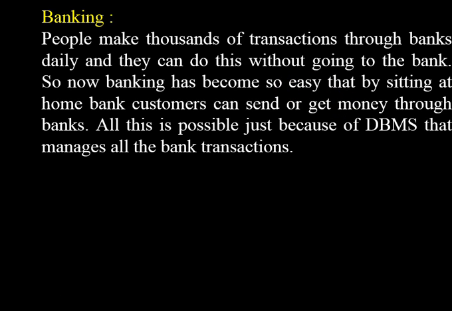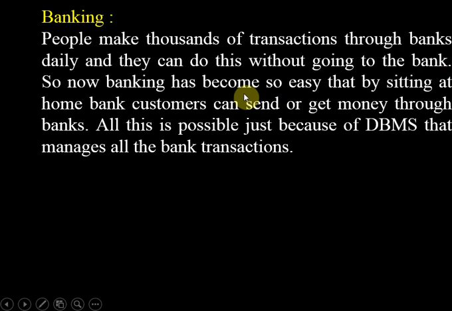One more example I'm going to give you here. When you go to any ATM center, ATM means automatic teller machine, but some people still call it "all time money" or "any time money." That is wrong. Here ATM means automatic teller machine, and these machines give you the money, and whenever you go you get money from the ATM center.